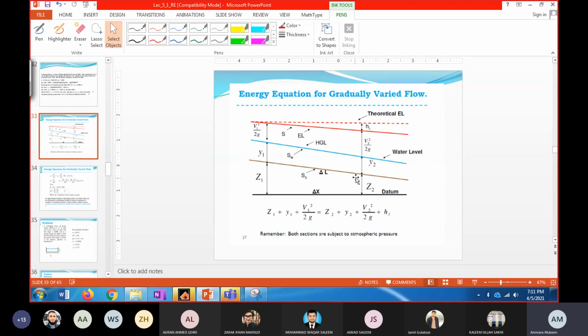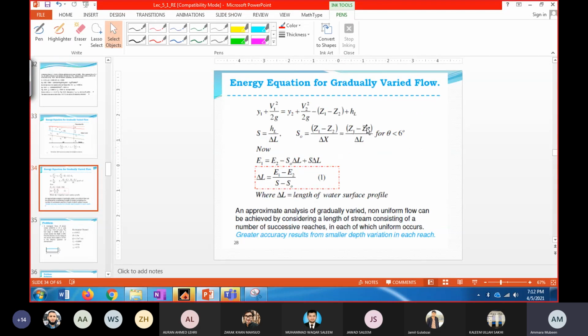Let me know why, when the angle of bed slope is very small, when the angle theta is very small, then you can safely imagine that tangent theta is equal to sine theta for small angles. So that is why this is sine theta.